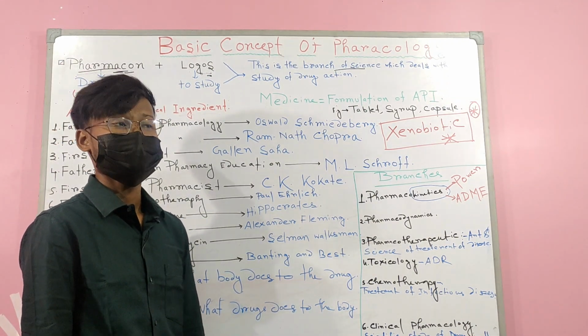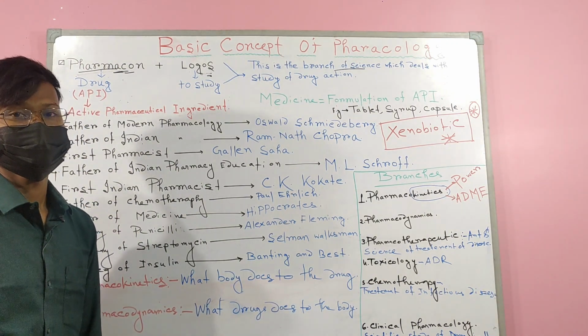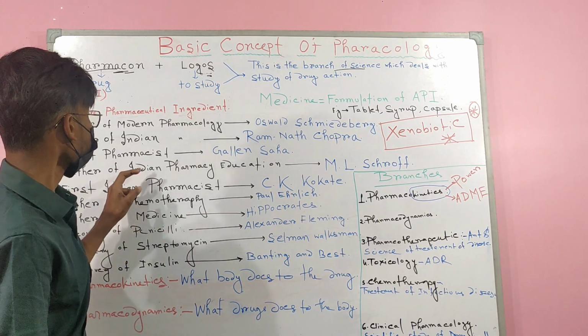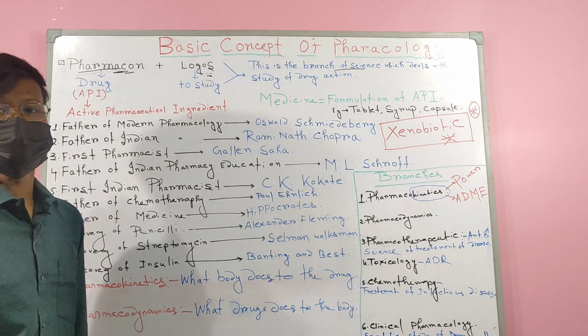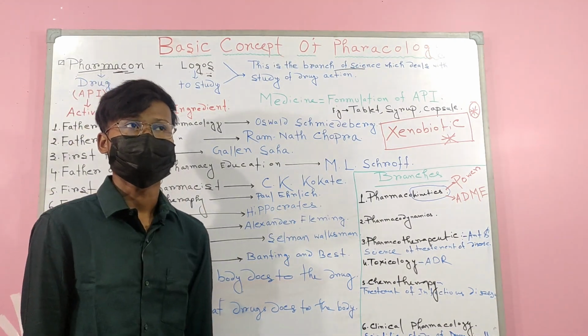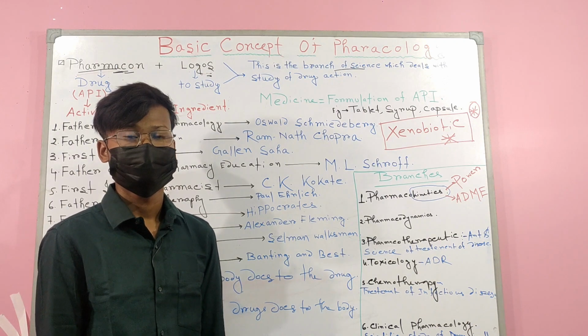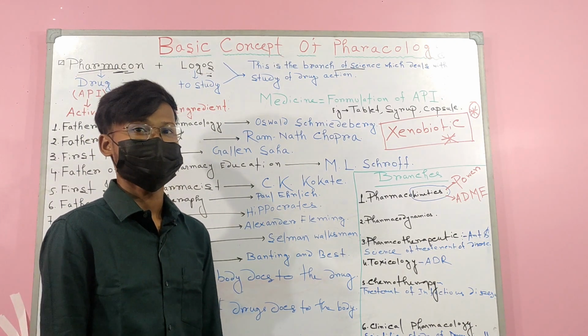For this, the fever will recover from our body. Then, what is medicine? Medicine means the formulation of API, means the tablet of paracetamol, syrup of paracetamol. This is the difference between medicine and drug.